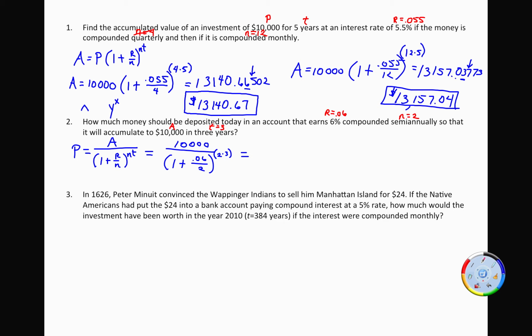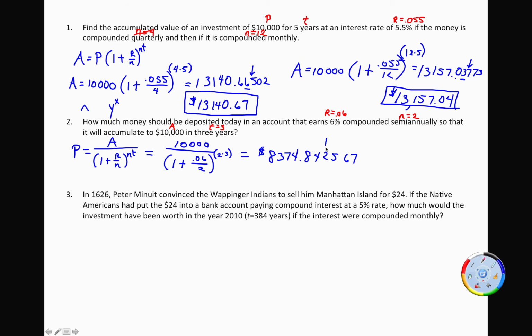Plug that in my calculator. And I get that I should have $8,374.84256 and so on. Remember, when you're solving for present value, always round up.